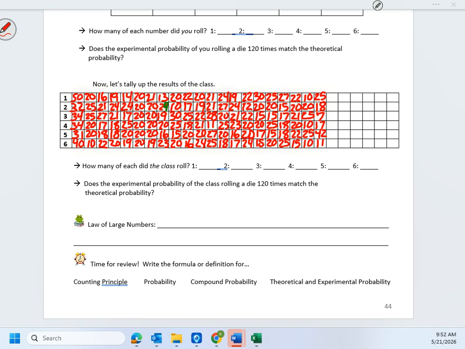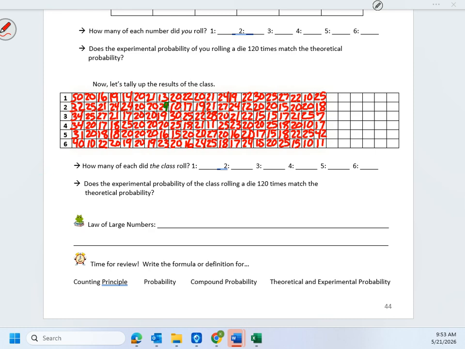Okay, fours: 34, 20, 17, 18, 25, 20, 20, 20, 25, 18, 21, 11, 25, 23, 20, 20, 25, 18, 20, 10, and 17.